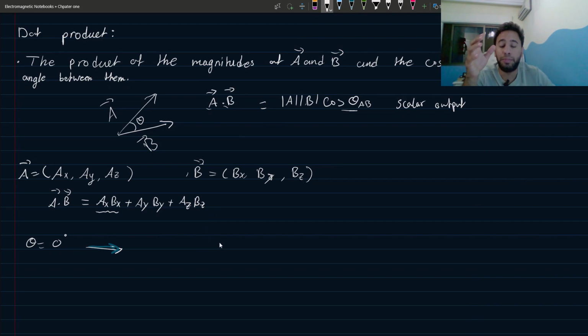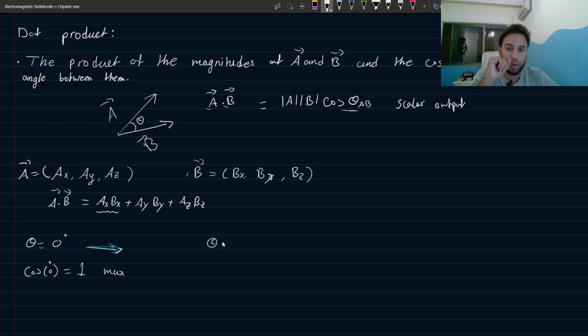Hence, they are parallel to one another, both in the same direction. The cosine of theta will be 1, the maximum value a cosine can have. So when they are parallel, we get the maximum value.